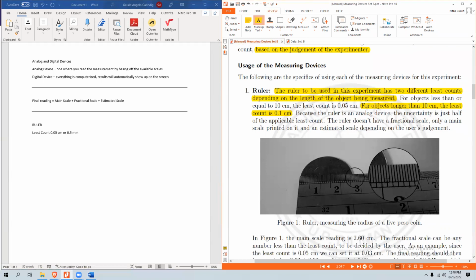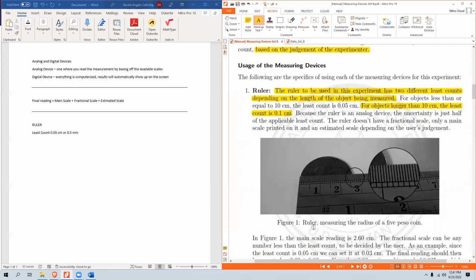So you have here your shorter lines. However, the ruler used in this experiment is a bit more special. It has lines that denote half millimeters, or the least count. So this ruler is more precise than others, but note that not all rulers will have this kind of design.